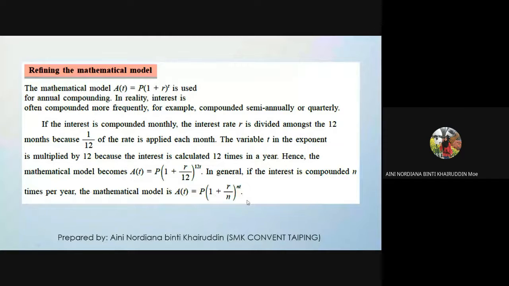Ini lebih sesuai untuk digunakan untuk setiap problem. Sebabnya sini tadilah, in reality interest is often compounded more frequently. Macam contoh tadi dia kata once a year. Tapi sebenarnya in real life mungkin semi-annually or quarterly or compounded monthly.